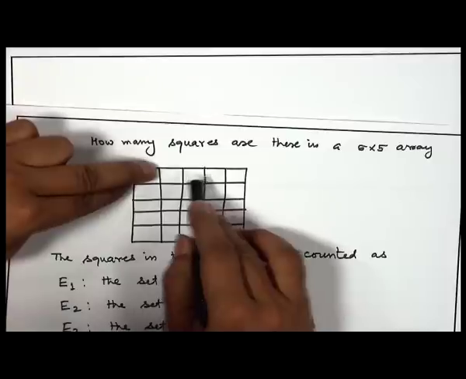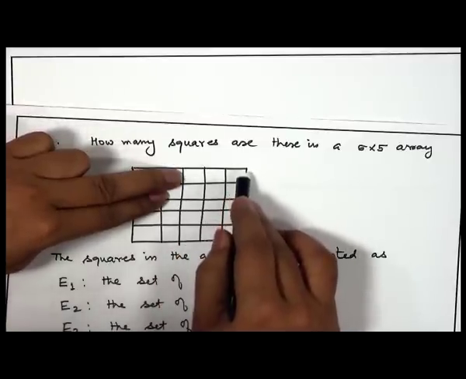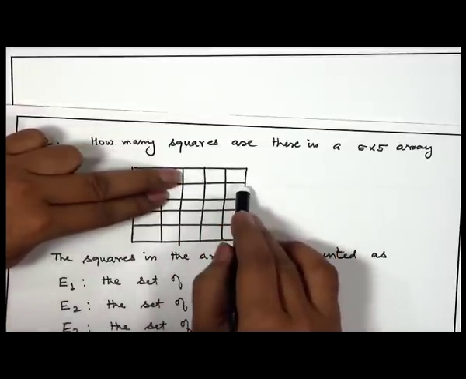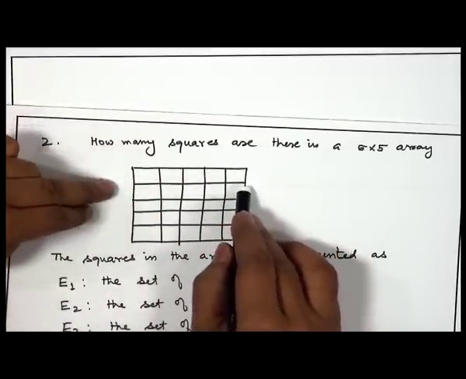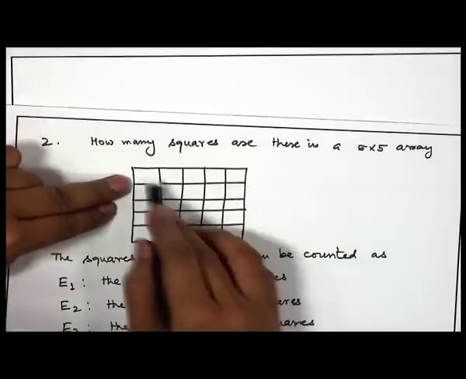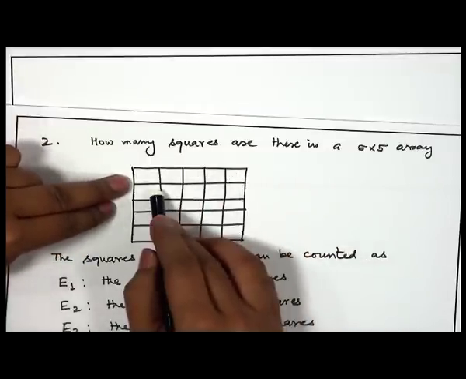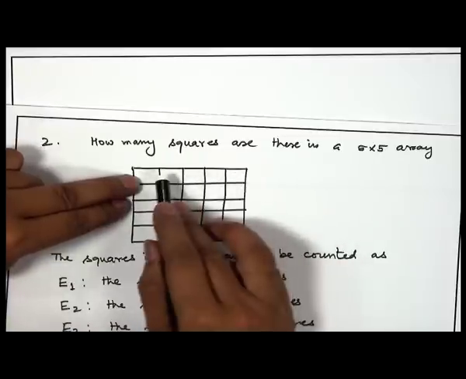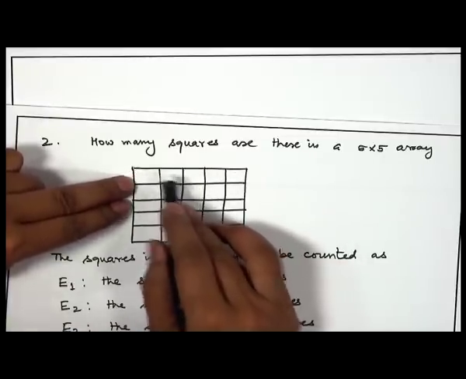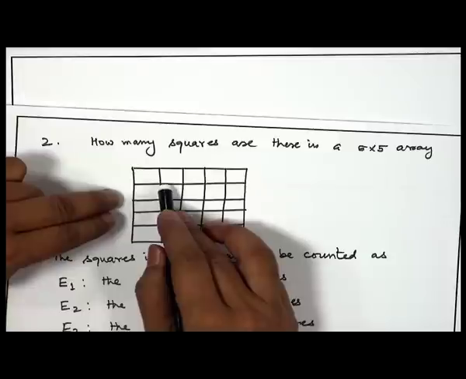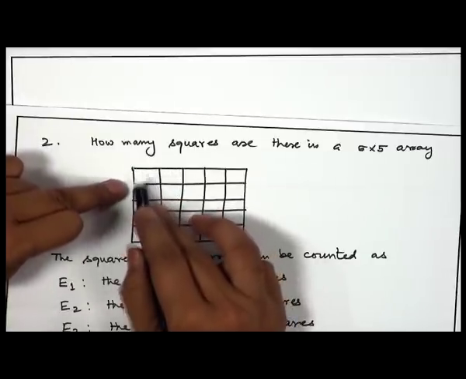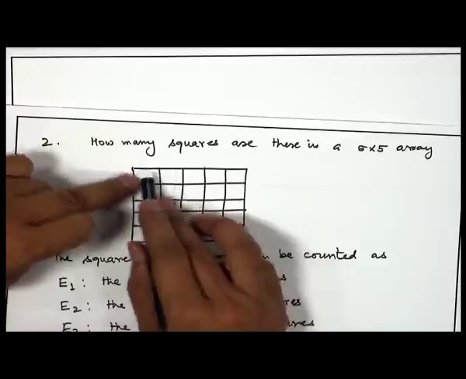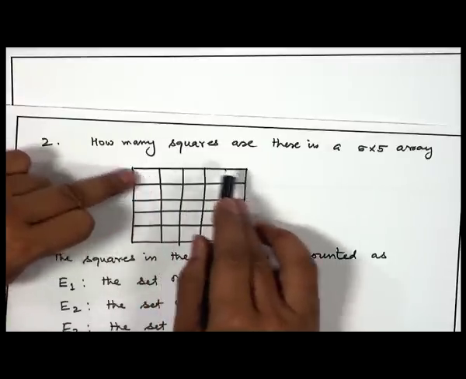Then similarly, I can leave the first 3 and I can go to the fourth and fifth, then that is also a 2 by 2. So, there are actually 4 such squares, because initially there are 5 cells, but when we are taking 2 at a time, then we have to skip 1, because starting from the first one the 2 are counted and then we can slide down. So, there are 4 such.